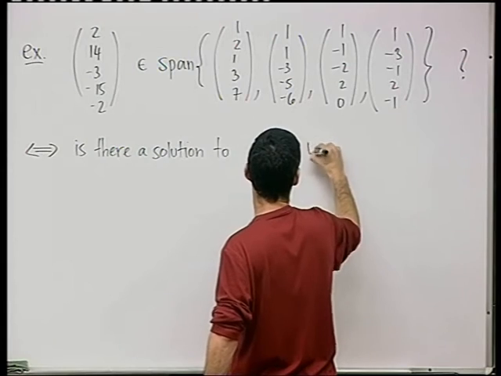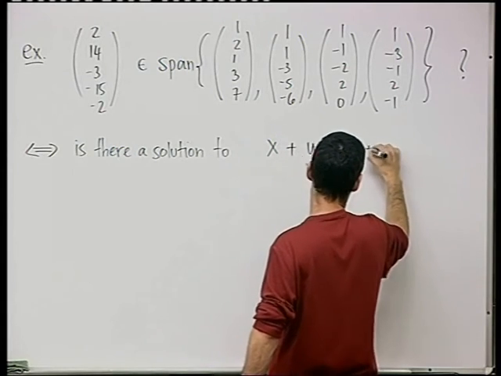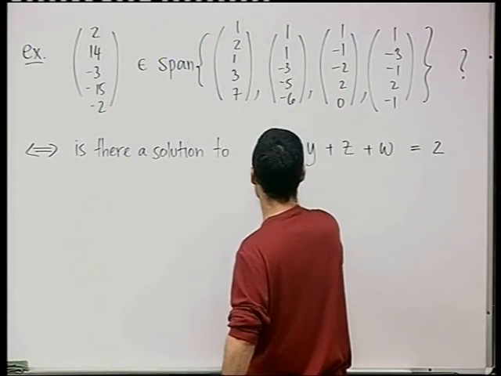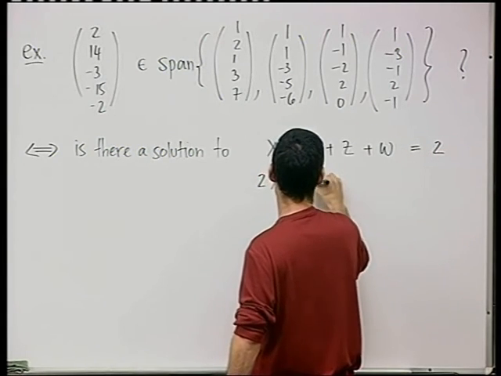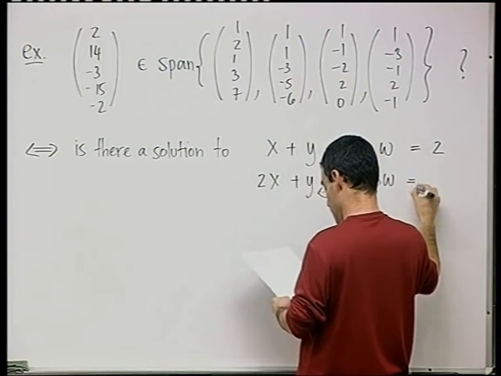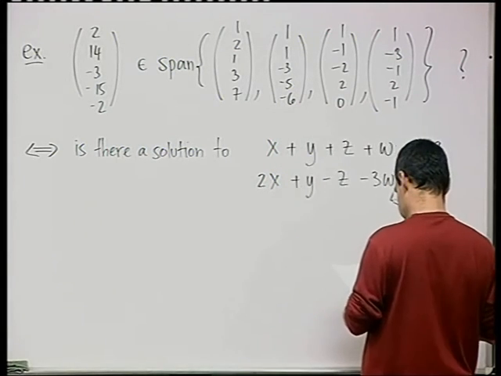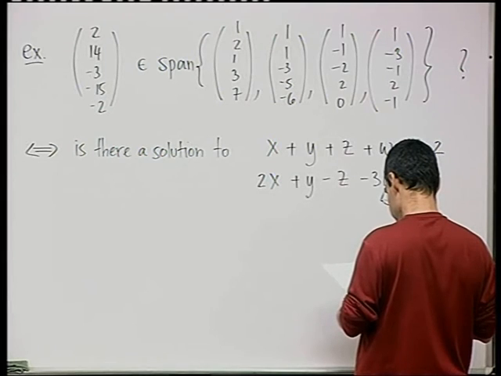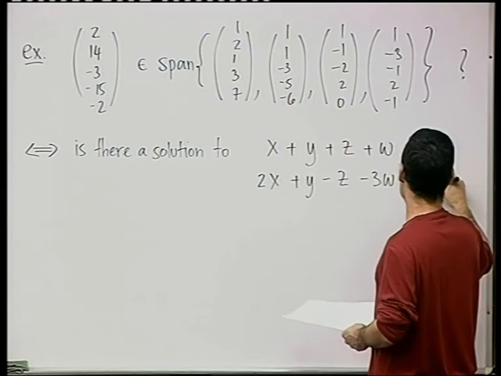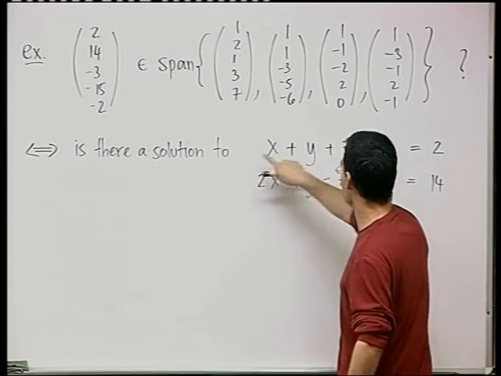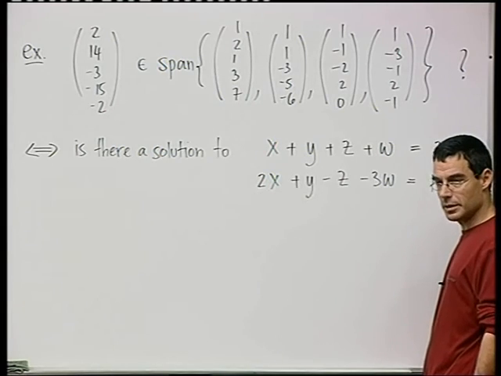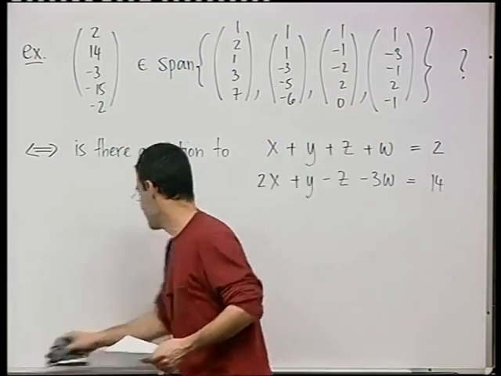X plus Y plus Z plus W equals 2. 2x plus y minus z minus 3w equals 14. In my notes, I called them wxyz, which actually makes a lot more sense, right? Let's do that. Let's not be lazy.